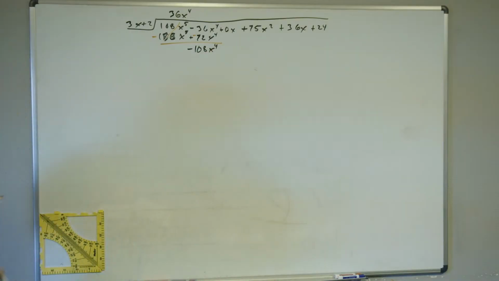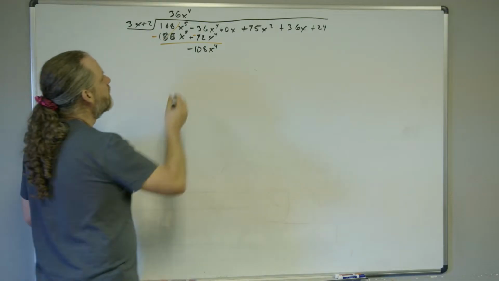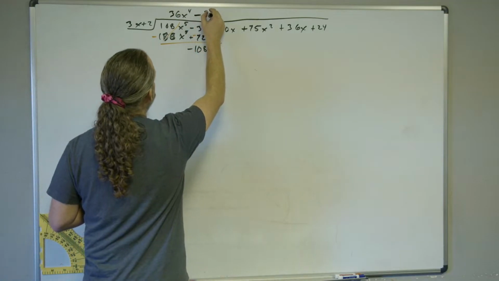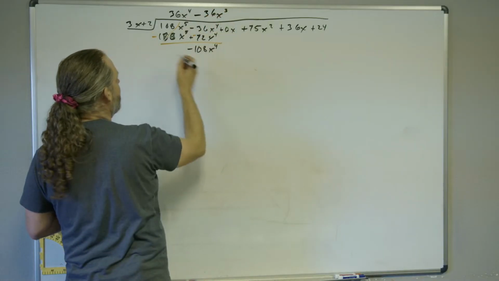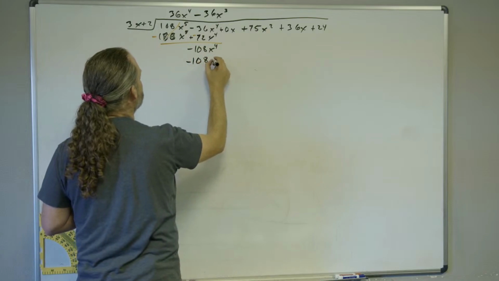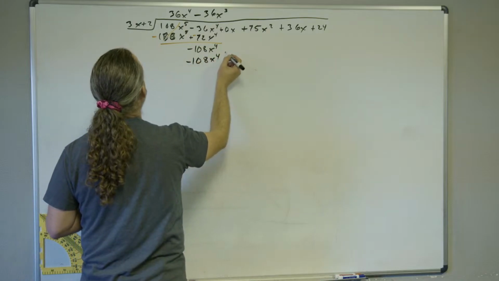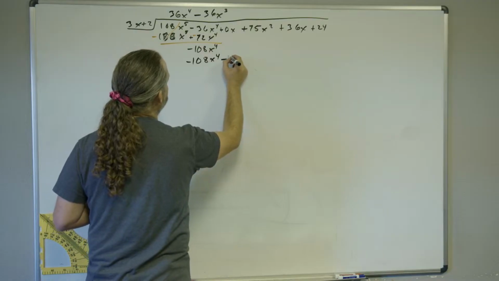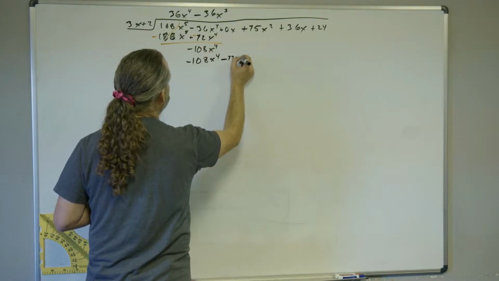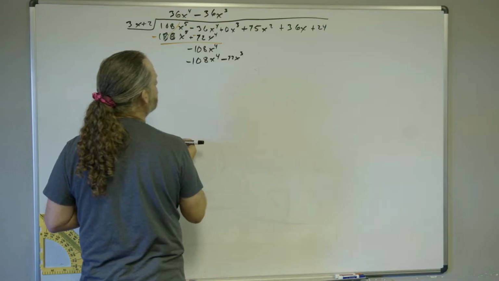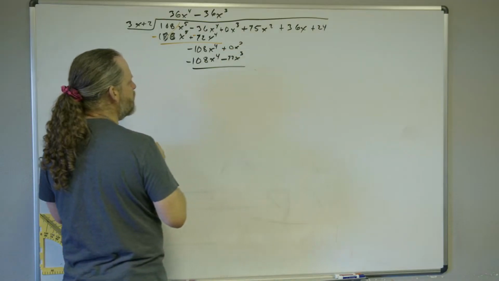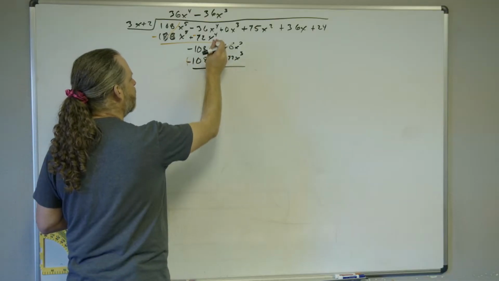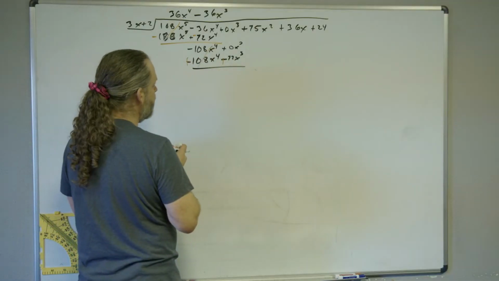That's nice, because we already figured out that 108 divided by 3 is 36. So negative 36x cubed. Distribute back out. Negative 108x to the fourth minus 72x cubed. Subtract. 72x cubed.